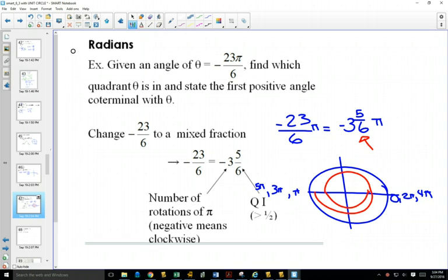It's bigger than a half, so we have to go past, and it's going to end in quadrant 1. And once you know what quadrant it ends in, you just have to think about your pi plate and ask what family member would be in that quadrant. We're dealing with a pi over 6 angle. What's the pi over 6 angle in quadrant 1? It's going to be coterminal with just pi over 6.